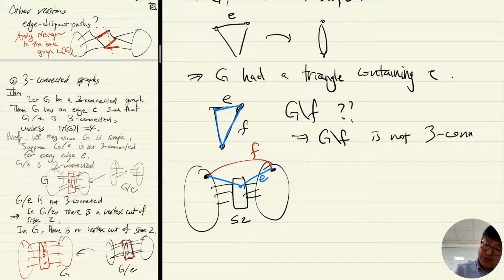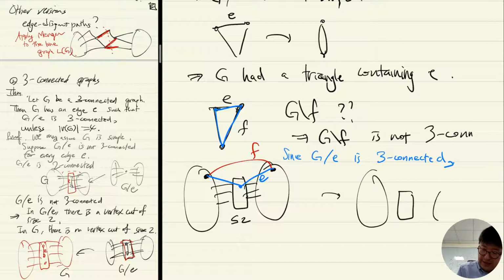Now, I know that G contract E is 3 connected. So how is it possible? Well, if this has any vertex, then after contracting E, it may look like this, right?